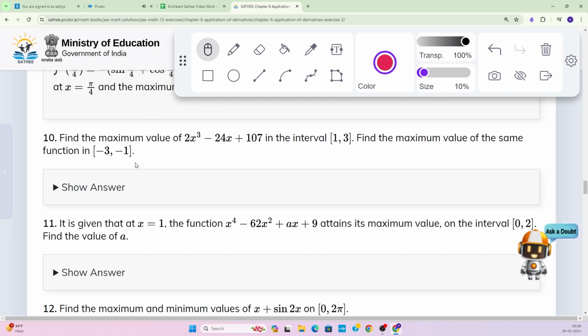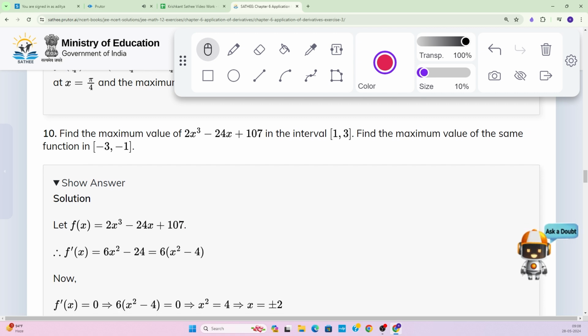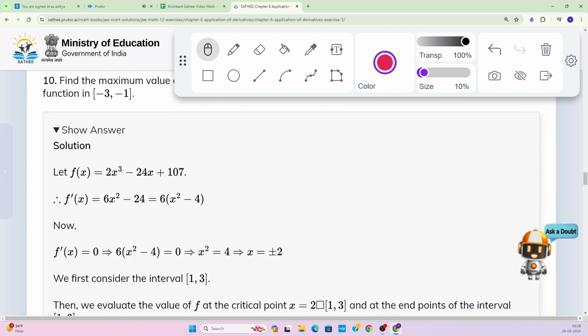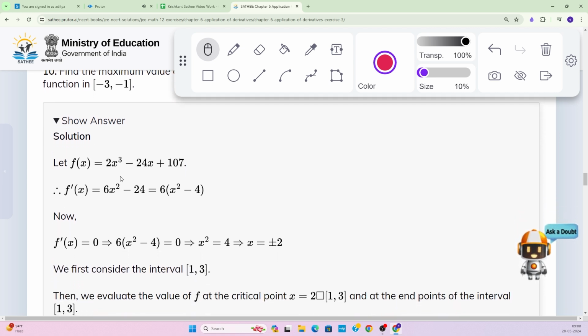10th problem. Find the maximum value of 2x cube minus 24x plus 107 in the closed interval 1 to 3. Find the maximum value of the same function in minus 3 to minus 1. Okay, let's see. So find the first derivative, put it equal to 0. As you can see, if x is plus minus 2, then you will get your critical points. Now 1, 3 will also be in your list.